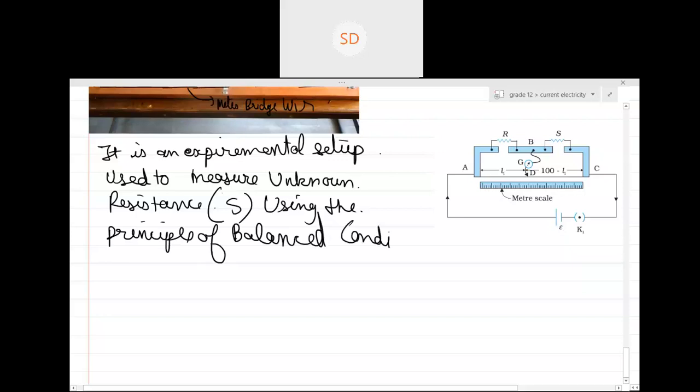Yes, can anyone tell me what was the balance condition of a Wheatstone bridge? So you mean P by Q is equal to R by S? Yes, that thing.